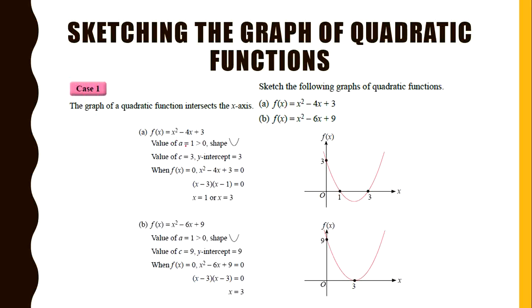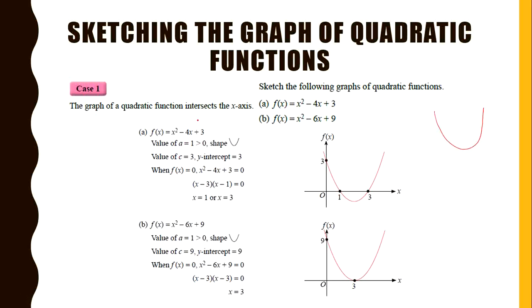Okay, let's look at the steps. The first step, we look at the value of a. The value of a is the value attached to x squared. When we look at x squared, the value attached to it is positive, so the shape will automatically be a smile.